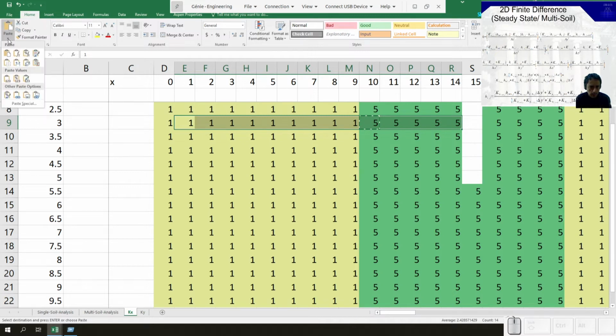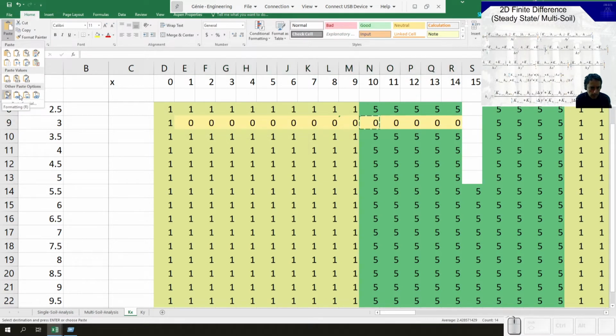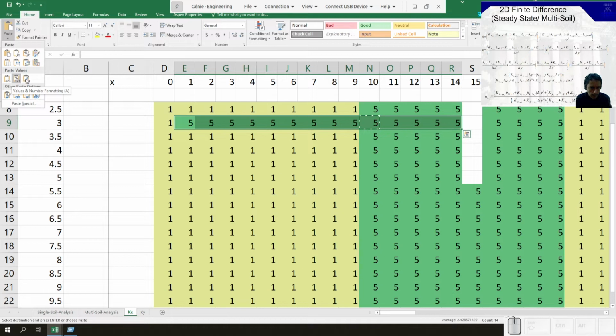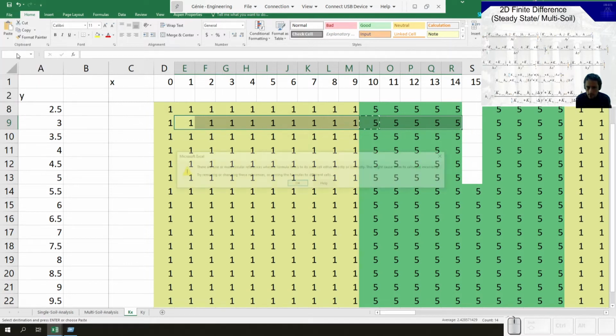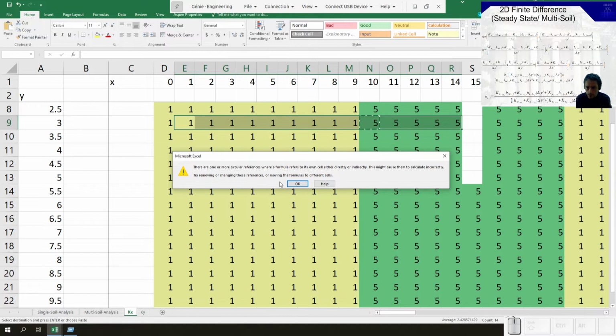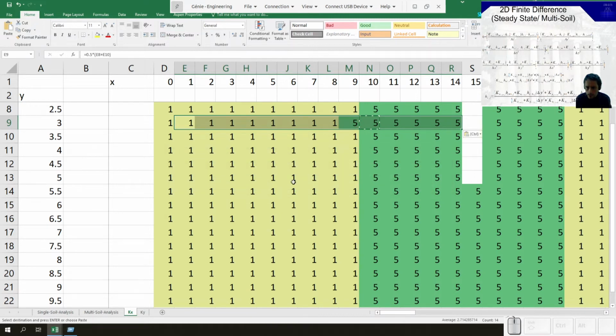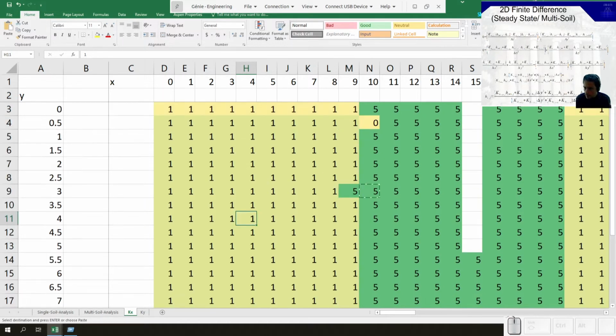I want to paste only formulas. Okay, let's try moving again. Last time it was because of rendering.